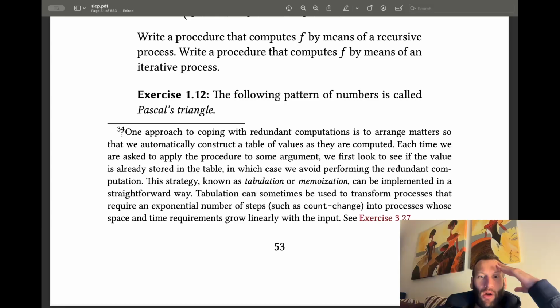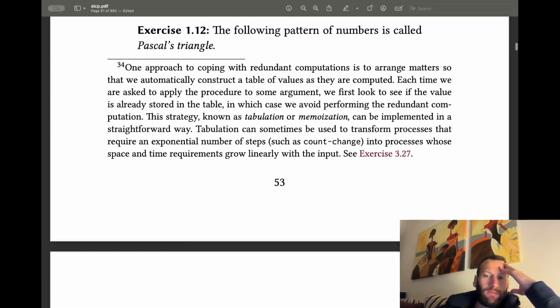This strategy, known as tabulation or memoization, can be implemented in a straightforward way. Tabulation can sometimes be used to transform processes that require an exponential number of steps, such as count change, into processes whose space and time requirements grow linearly with the input. Okay, see exercise 3.27. In chapters 3, 4 and 5, things will become very interesting, I think.